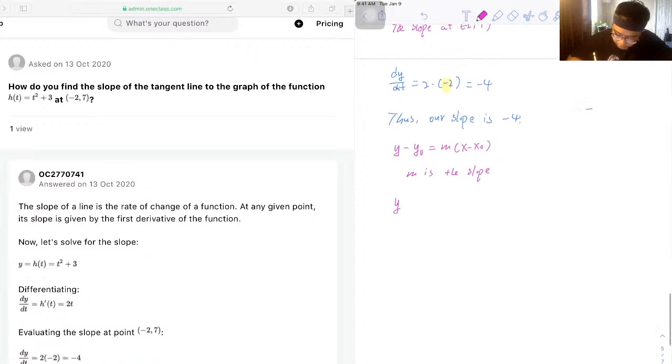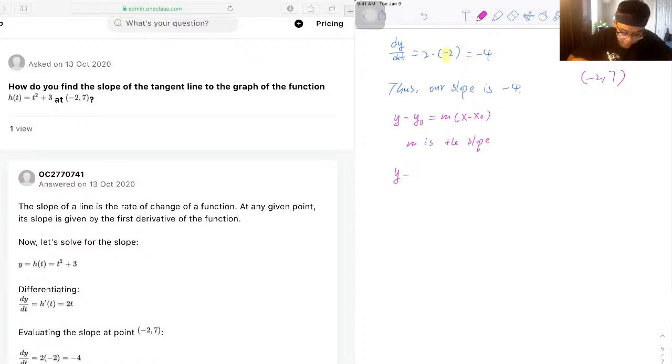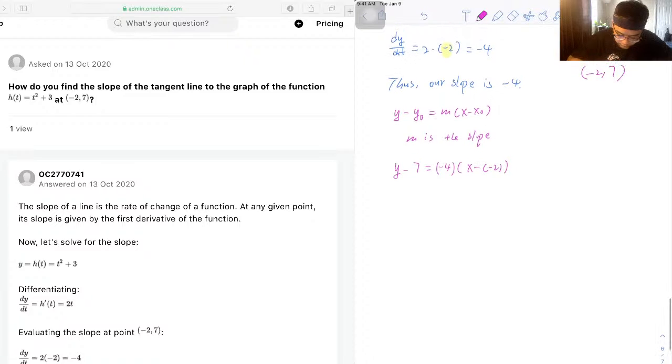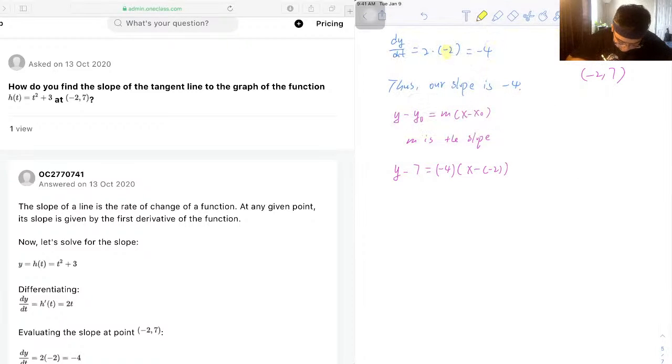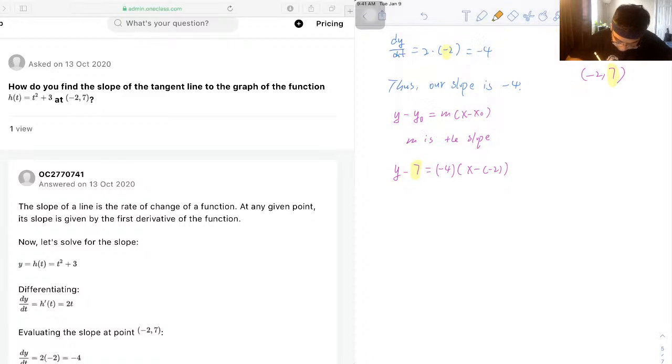As we have (-2, 7) as our point, it becomes y minus 7 is equal to m, which is -4, our slope, times x minus -2. Yeah. So the 7 is from the y coordinate, and the -2 is from the x coordinate.